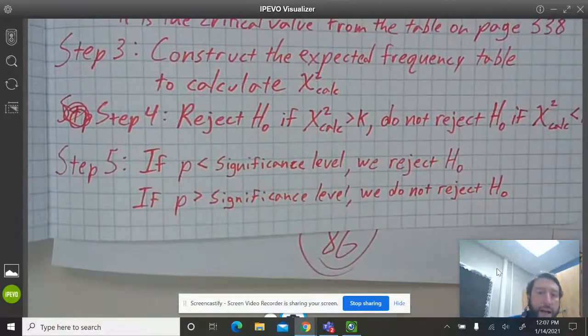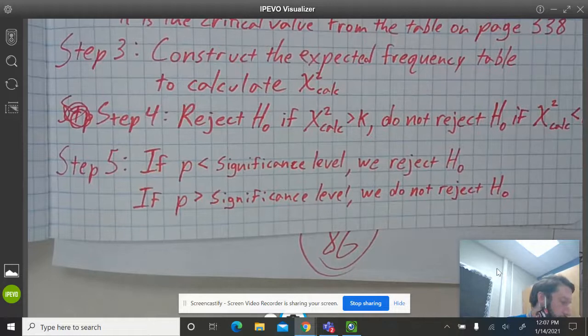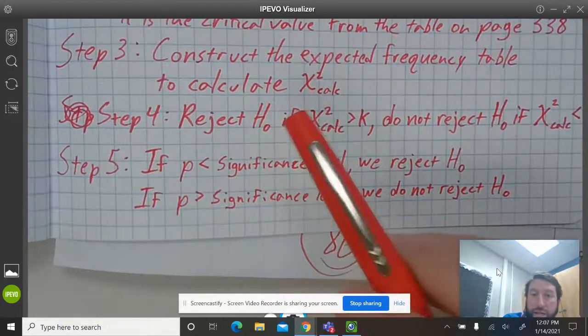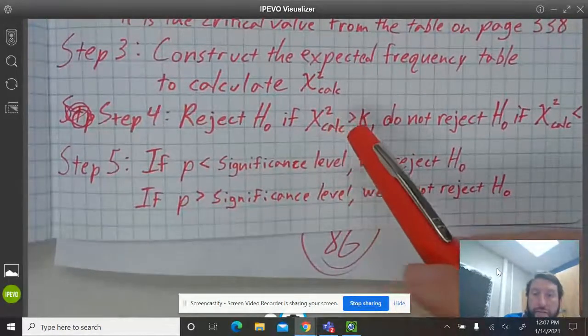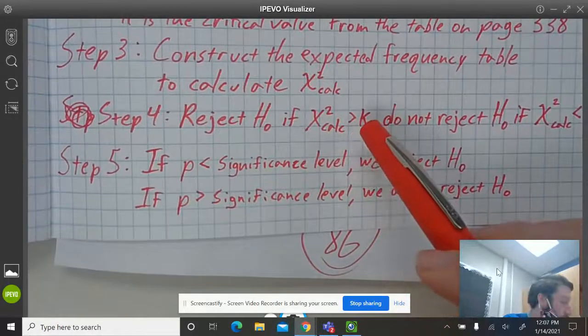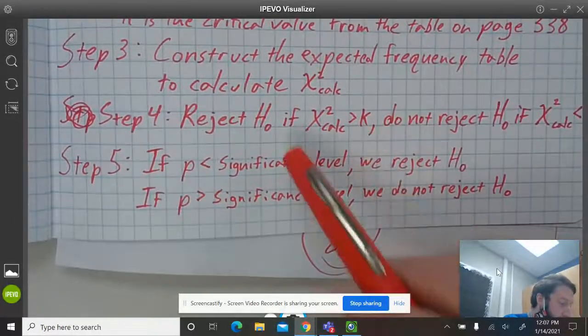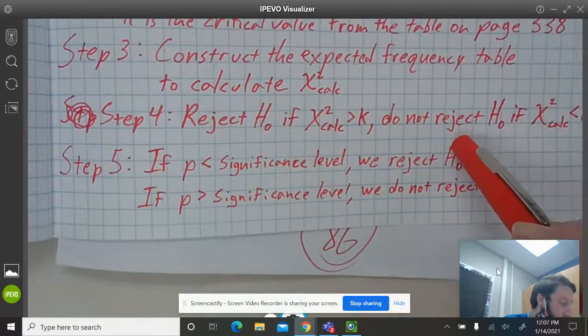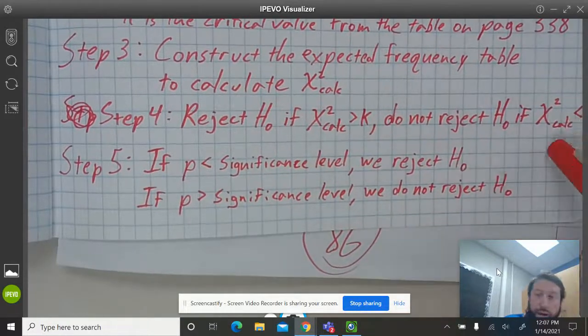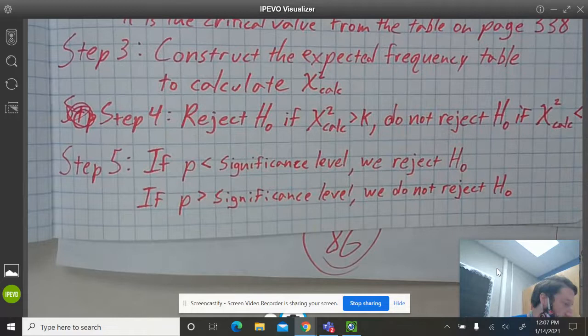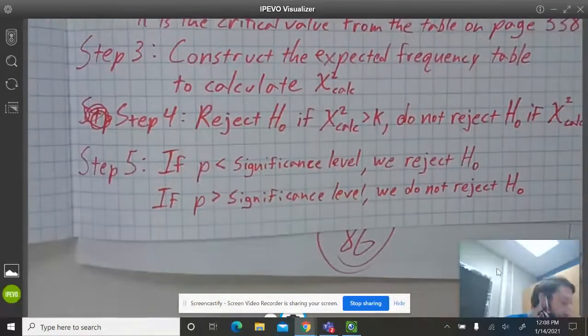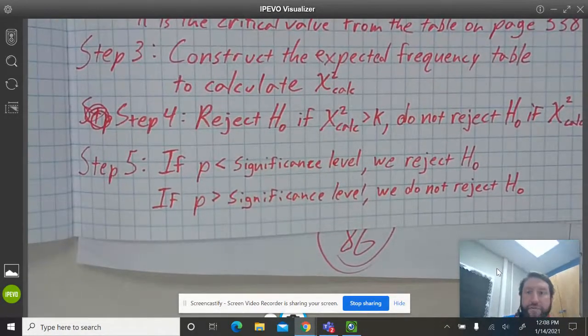Once I calculate this chi-squared value, I reject H null if chi-squared is greater than k, whatever that critical value was. I do not reject H null if chi-squared is less than. If it's less than, I do not reject it. We do not say we accept anything.